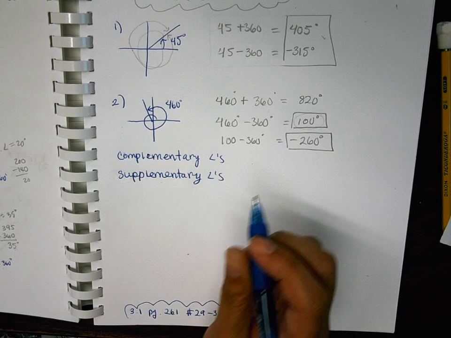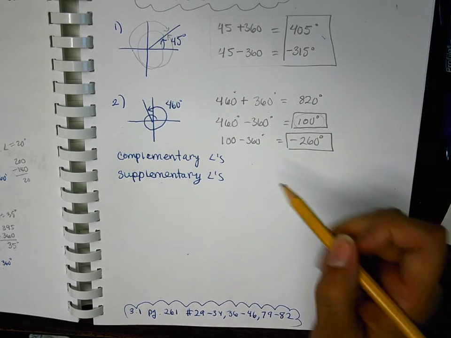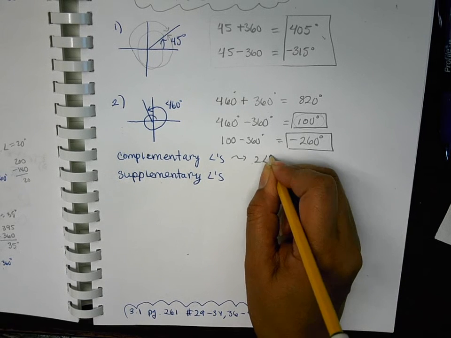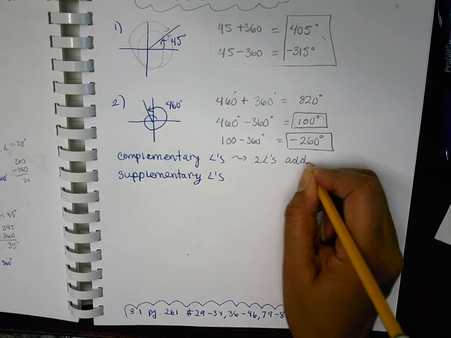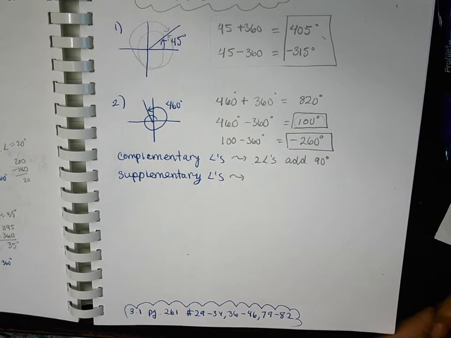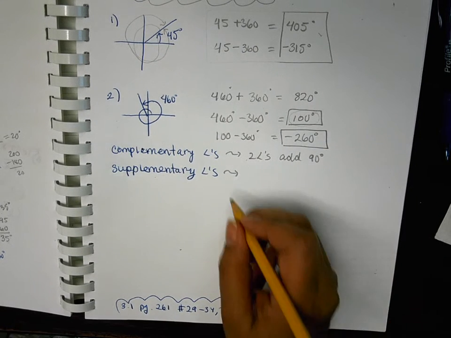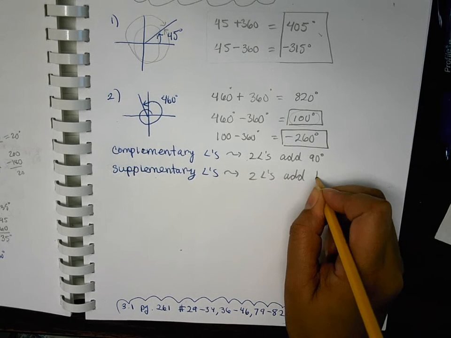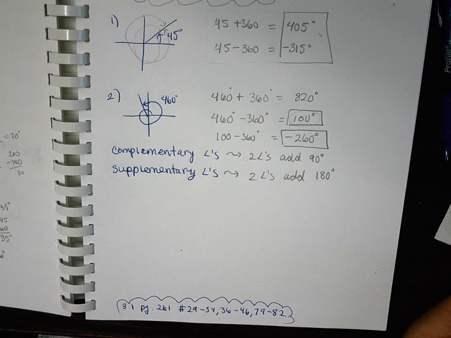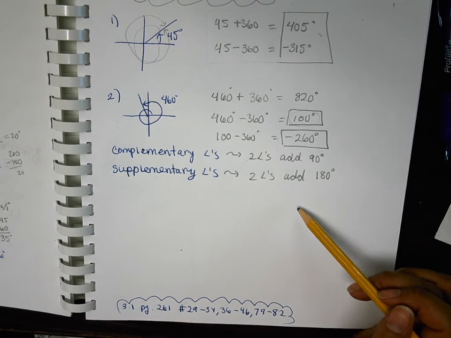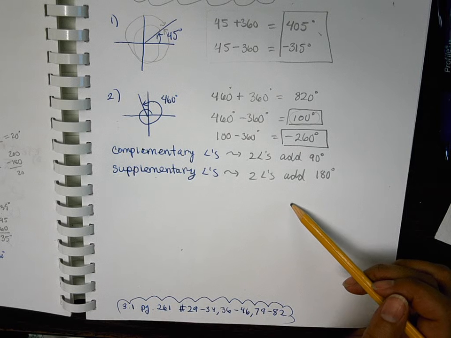All right, complementary angles are 2 angles that add up to what? 2 angles that add to 90 degrees. Supplementary angles are 2 angles that add to what? 180 degrees. Does anybody struggle with which one's which, or you have this memorized? Okay, we're good.